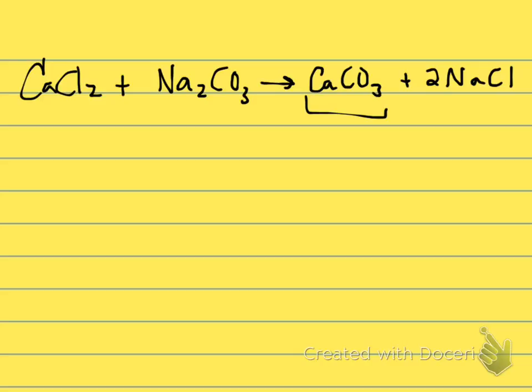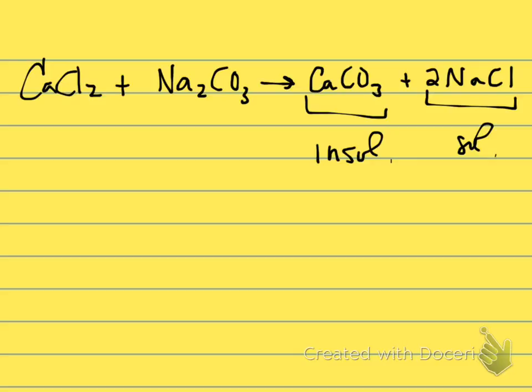Billions of little sea creatures scream, "No, it's not!" Okay. Insoluble. Is sodium chloride soluble? Billions of little sea creatures again scream, "Yes!" Of course it is. So, will you get a precipitate? What will that precipitate be made of? You're going to get calcium carbonate in the test tube. That's what's going to develop as a precipitate.